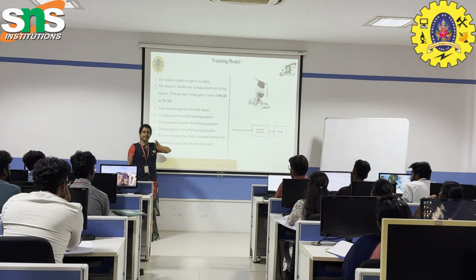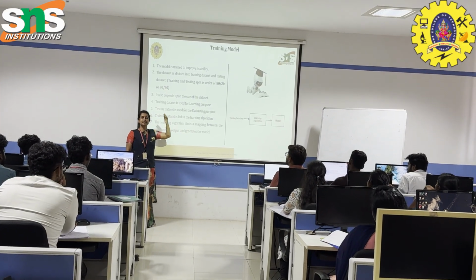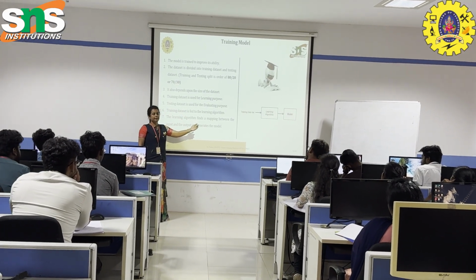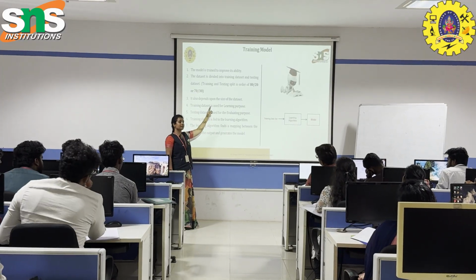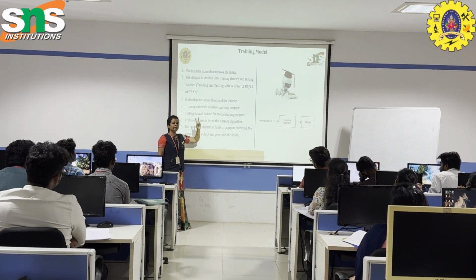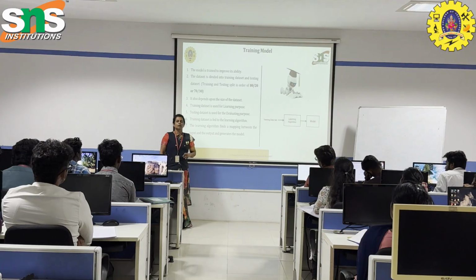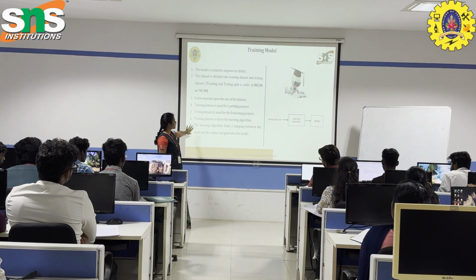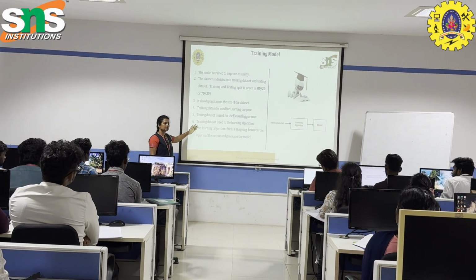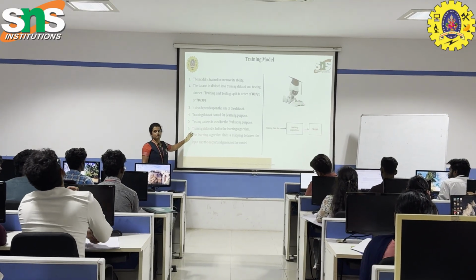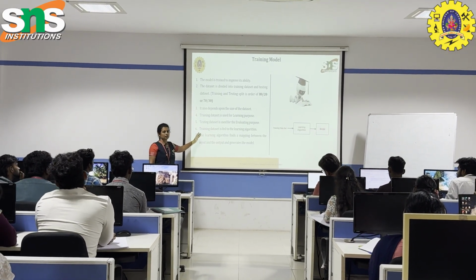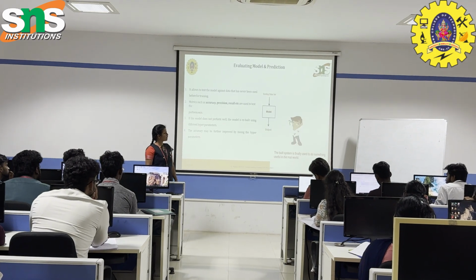The maximum of the instances is given to training samples, so 80 or 70 is allocated to training, and the remaining 20 or 30 to test. Hope you understand, guys. Why do we do this? To practice the machine on the existing data set. We go to the next.